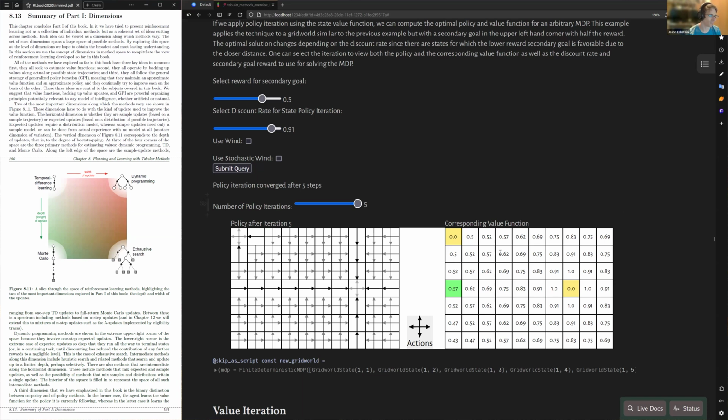Because you have this situation where there's an outcome that's worse and an outcome that's better. And if there's some policy that leads to the good outcome fast enough or faster than an alternative policy, then it may prefer that even if it opens up the possibility for a bad outcome.